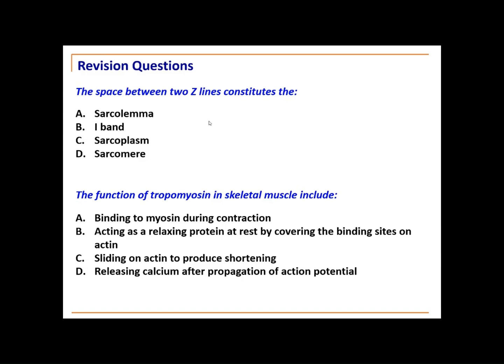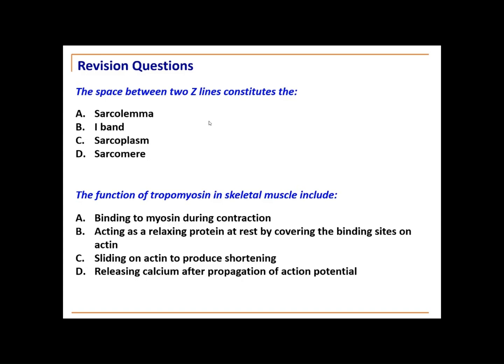So a couple of revision questions for you, see what you can remember. Read them out, have a read and press pause, and then we'll go through them in a second. So in each of these cases, only one answer is correct. So the space between 2 Z lines constitutes the A, B, C, or D. The answer is D, the sarcomere, the contractile unit.